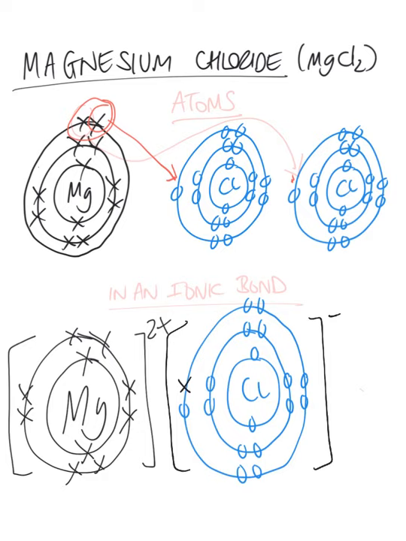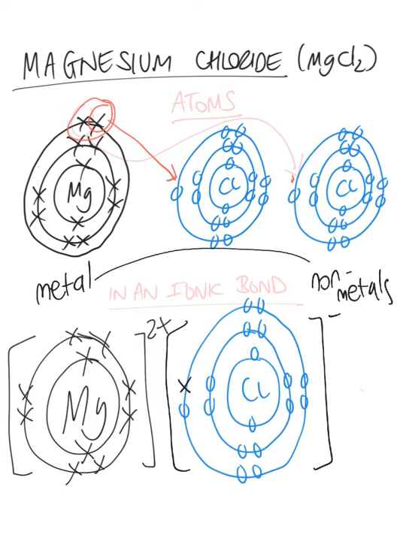In a 2-to-1 ratio, it's very, very rare that you actually see those examples, if at all, where you have multiple ions bonding together. So you're still looking at the same principle. In ionic bonding, we are looking at the transfer of electrons from metals to non-metals.